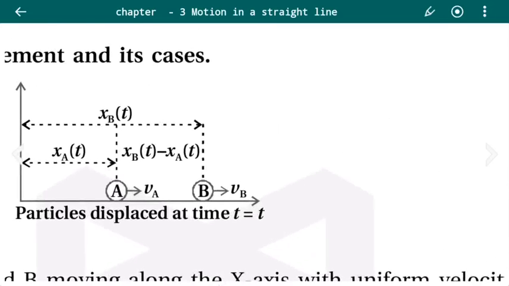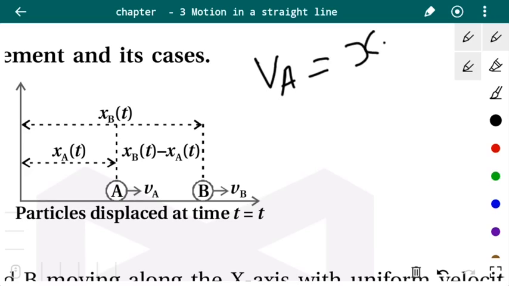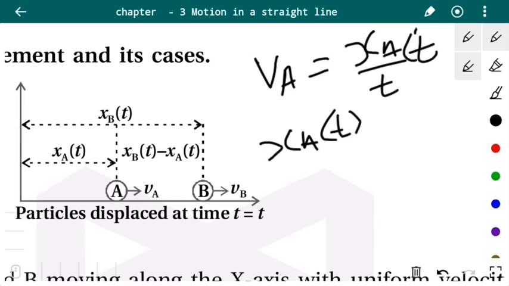Because velocity of particle A is equal to displacement upon time taken, so the displacement of A is VAT.